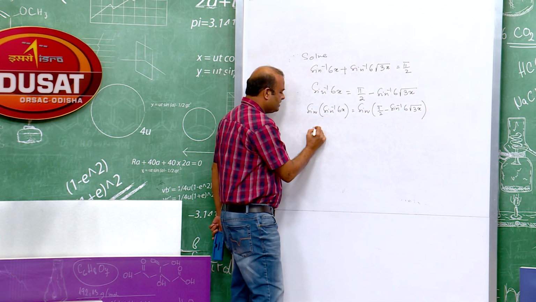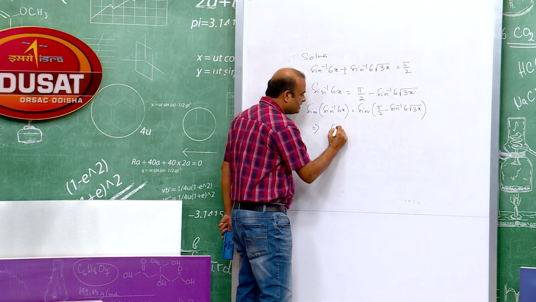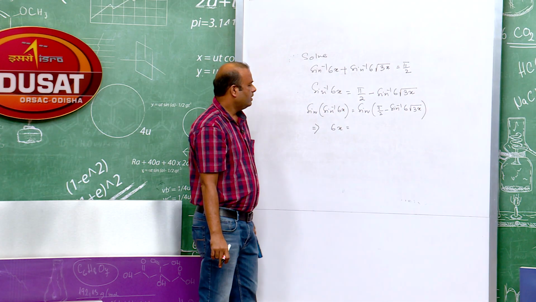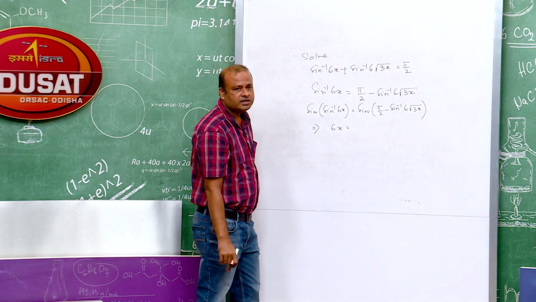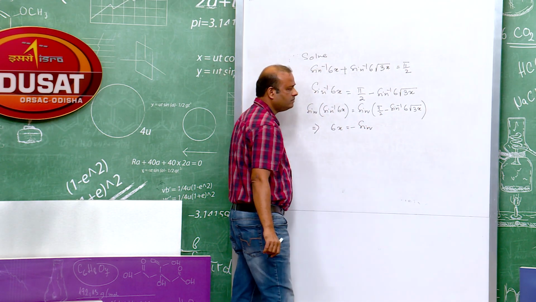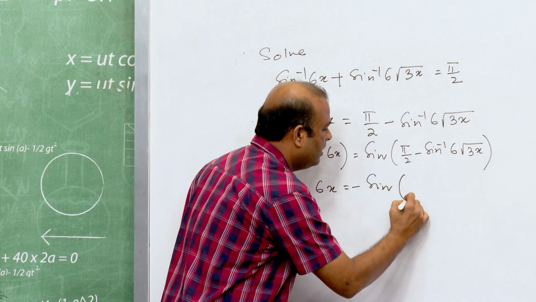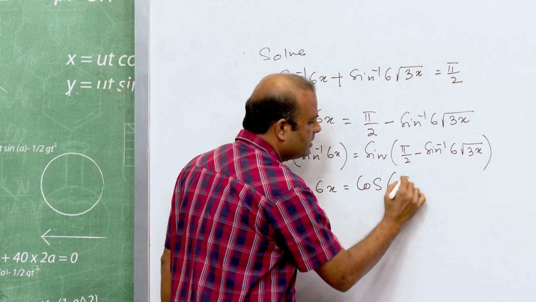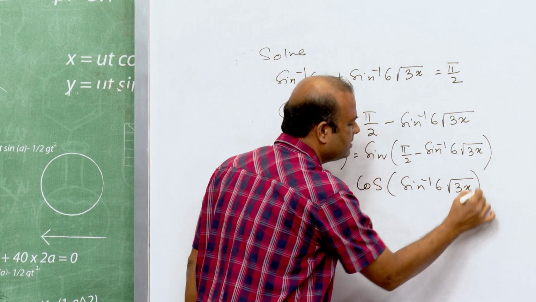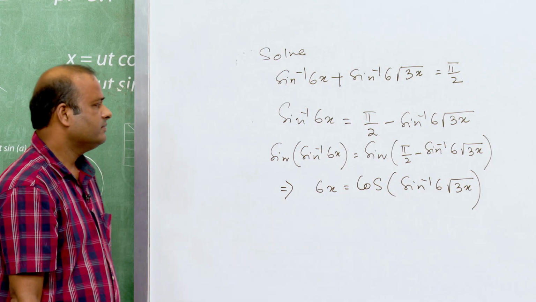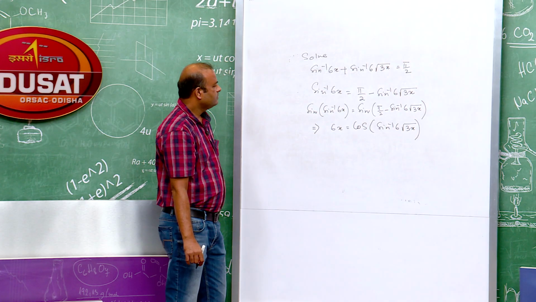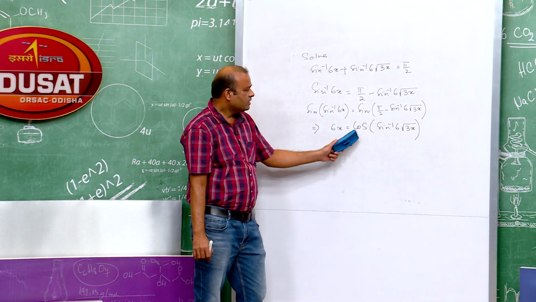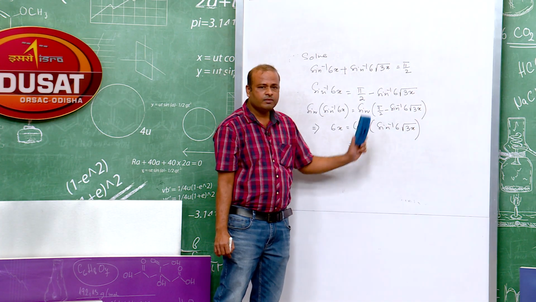So this implies 6x is equal to sin of pi by 2 minus sin inverse 6 into root over 3x. Sin of pi by 2 minus theta, you write it as cos theta, so cos of sin inverse 6 into root over 3x.